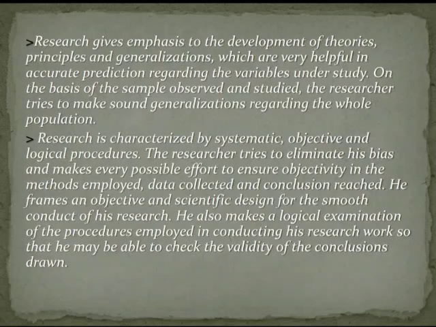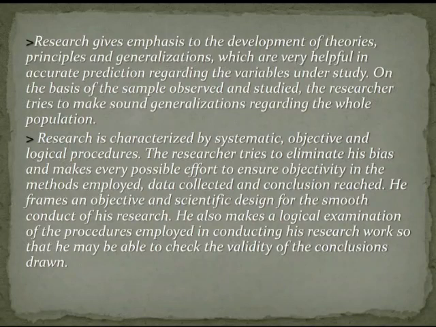To get accurate description, the researcher uses statistical measures, and also selects reliable and valid instruments for the collection of data, so that the research is observable and has accurate description.